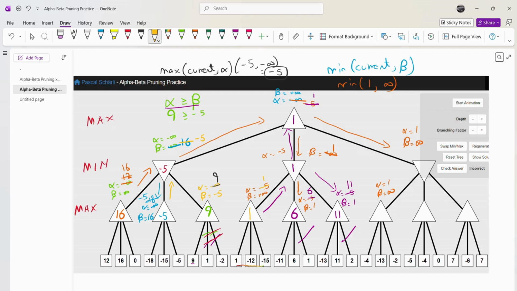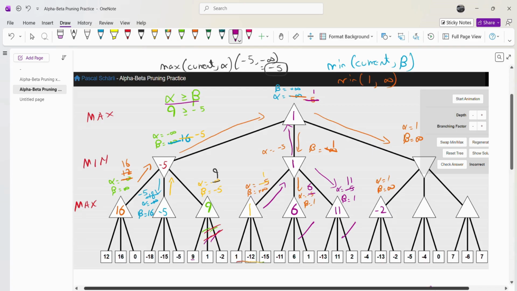Now over here, alpha is 1, so negative 4. Negative 4 is not greater than 1. Similarly, negative 13 is not greater than 1, and negative 2 is also not greater than 1. But among these values, we have negative 2 as the largest value, and since it's a max node, it has to pick the largest value. So we get negative 2 over here.